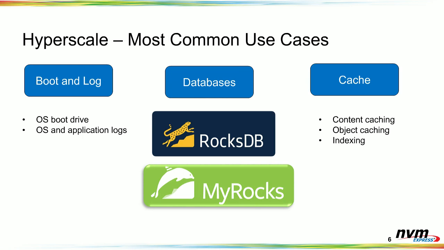Databases have a working set of around a terabyte, and so the SSDs need to be sized accordingly. And then SSDs are also used for cache, either content caching or object caching or indexing through objects as well.